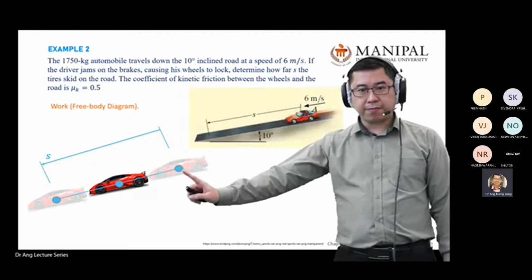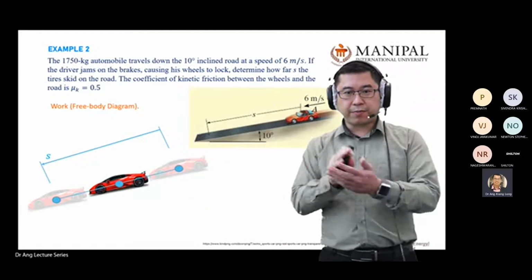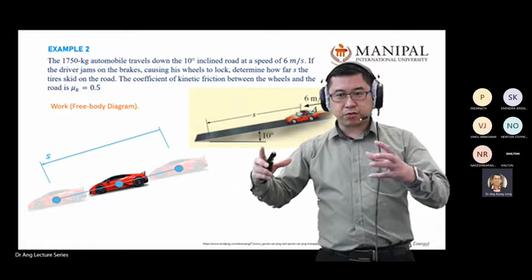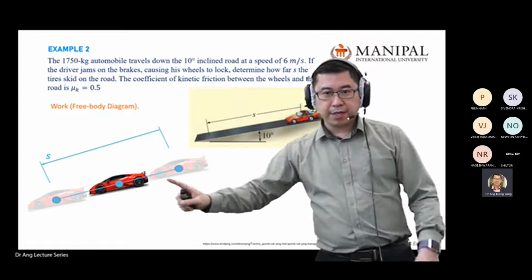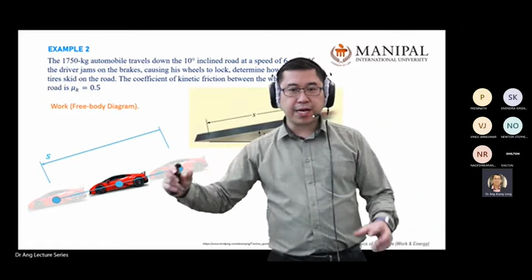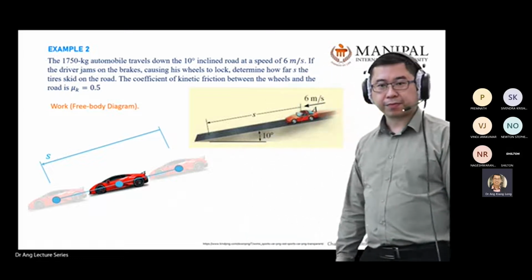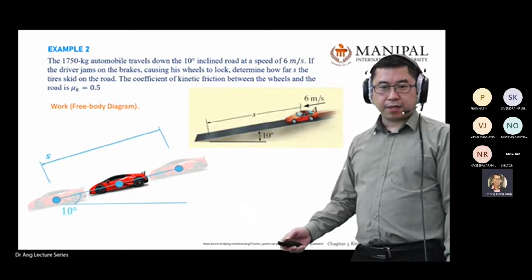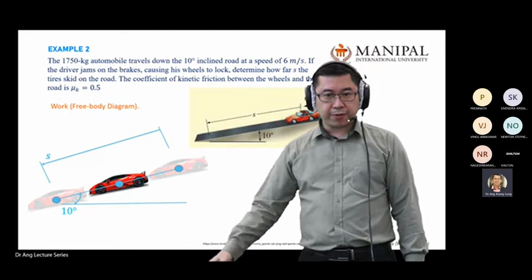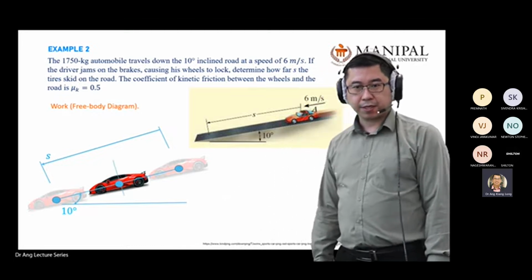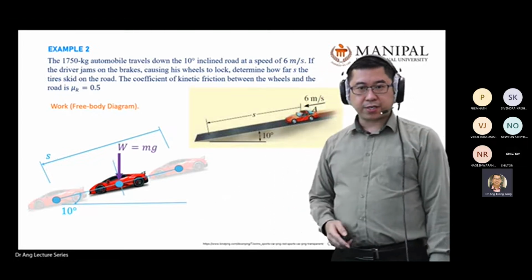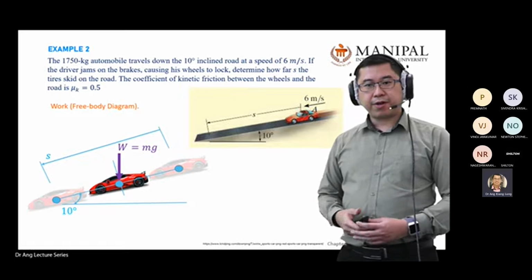This is the distance from when the driver steps on the brake and the wheel starts to jam, to where I assume the car comes to a stop. Then I put the 10 degrees in my free body diagram and draw the axis.